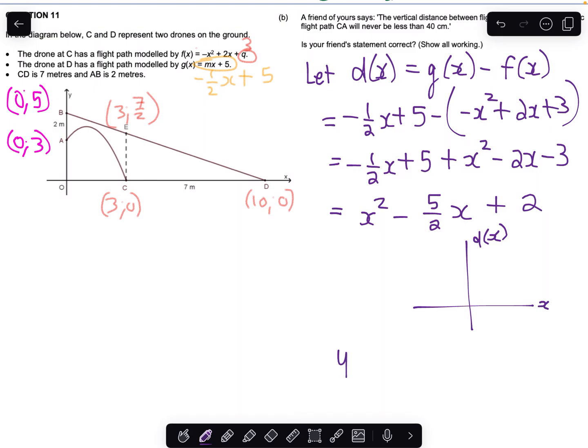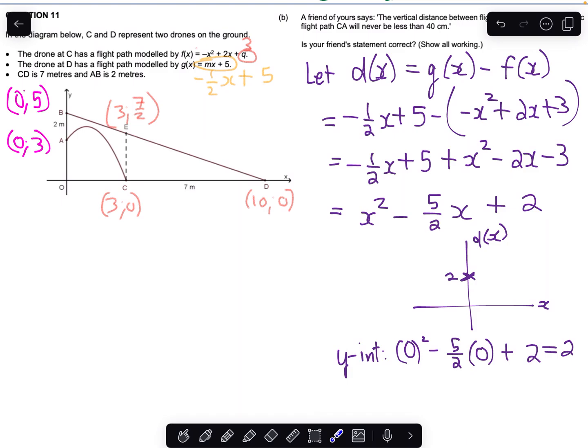First of all, I know that the y-intercept will be 2, because it's 0 squared minus 5 over 2 times 0 plus 2, so that will be 2. That tracks, because at x equal to 0, the distance between the drones is 2 meters. So that checks out.